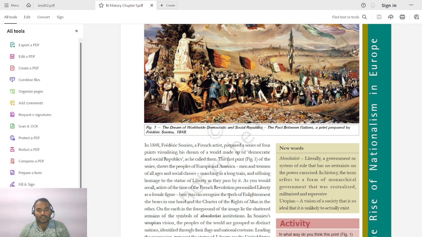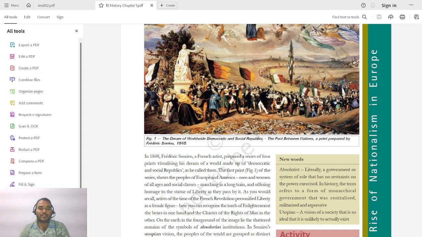Here you can recognize the torch of enlightenment she bears in one hand and the charter of rights of man in the other hand. If you see the Statue of Liberty, in one hand there is a torch of enlightenment, which indicates that French society will in general be enlightened due to the upcoming revolution. And in the second hand there is a charter, a book in which some human rights are written.